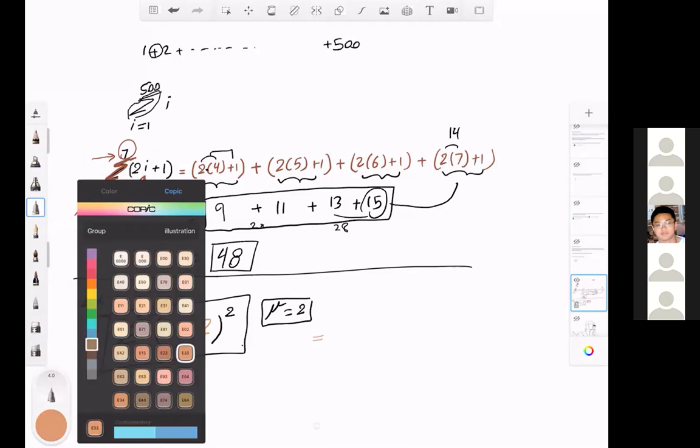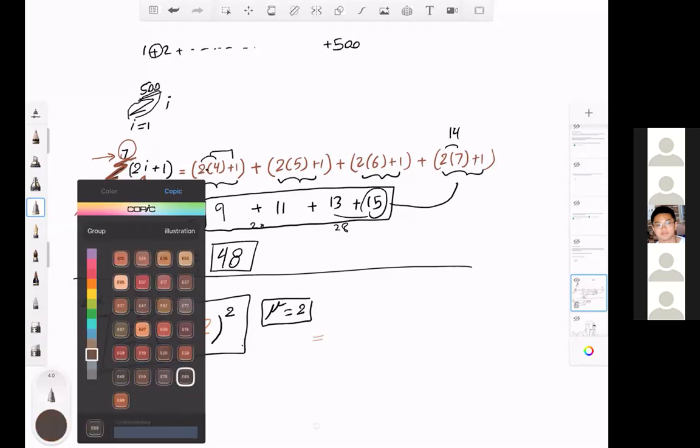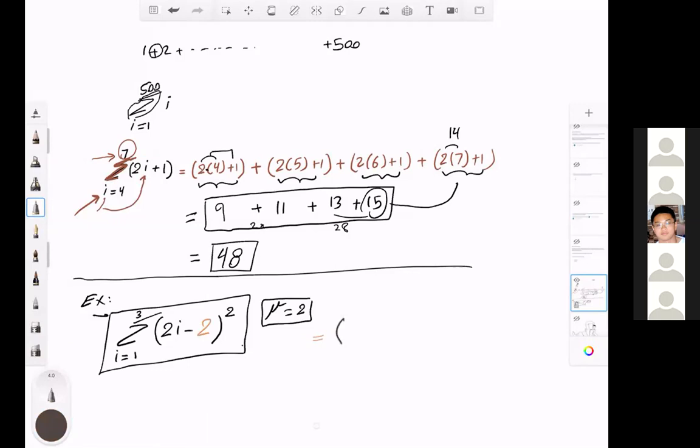This will be (2 times 1 minus 2) squared plus (2 times 2 minus 2) squared plus (2 times 3 minus 2) squared. And I stop because this is 3, and 3 is right over here.